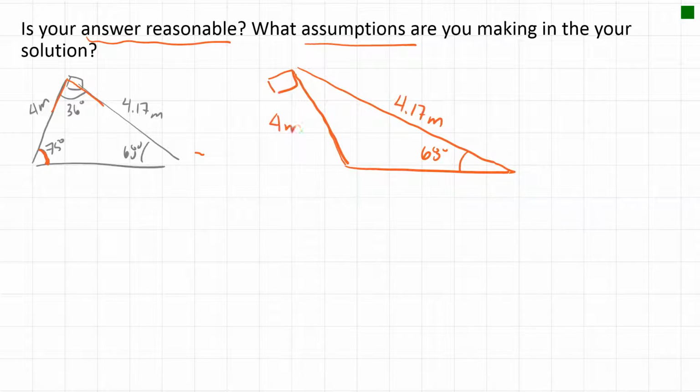This would have been 4 meters. And this angle here, angle B, is completely different than the 75. So the assumption I was making was the direction the flagpole was tipping.